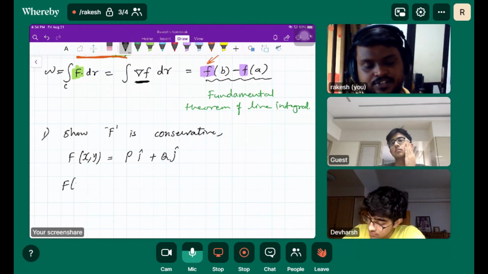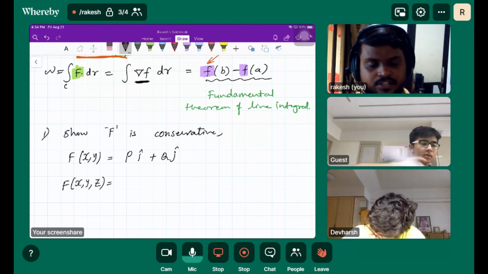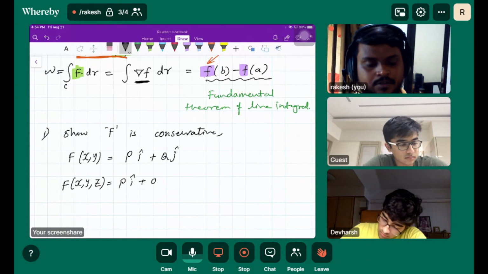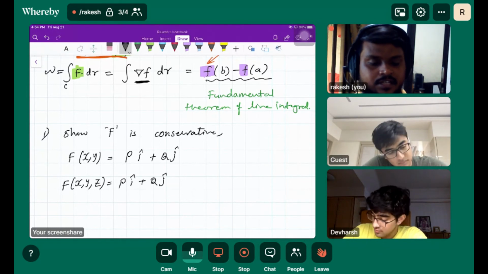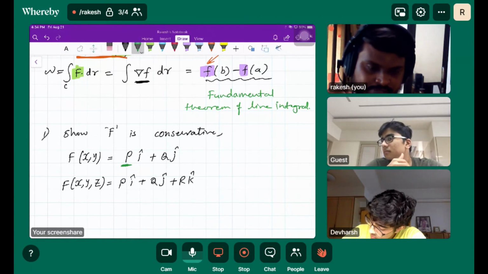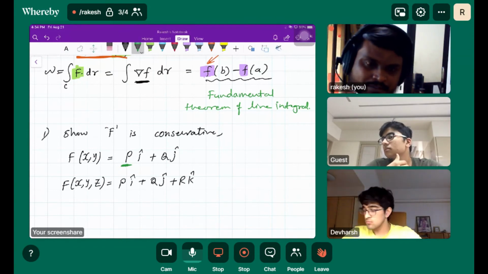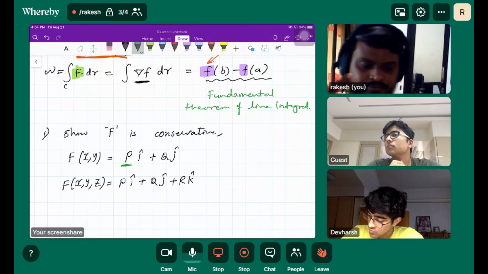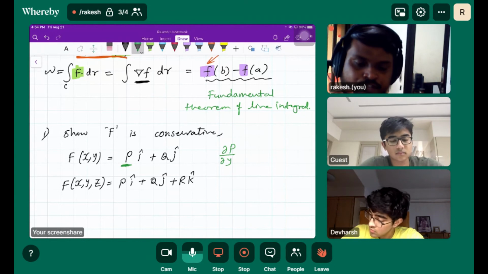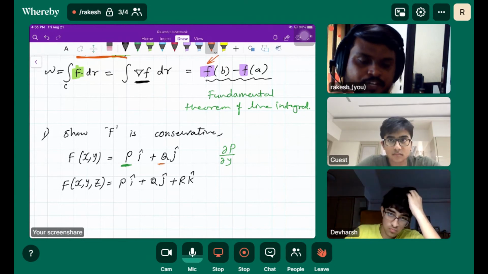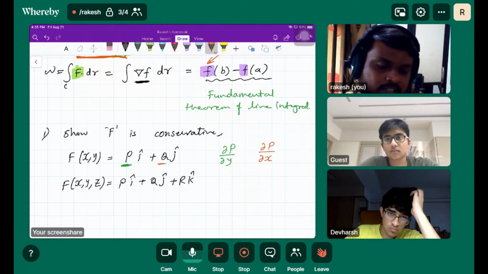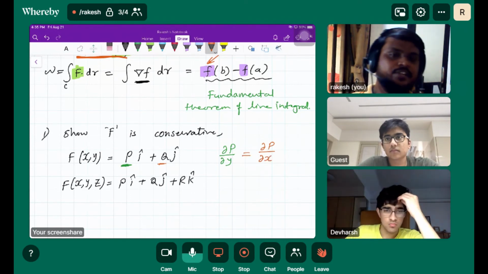Or if it is in a three dimensional coordinate system, then f of x comma y comma z is p i cap plus q j cap plus r k cap. Now listen, we differentiate this p with respect to y, and we differentiate q with respect to x. If they are equal, then the given vector field is conservative.